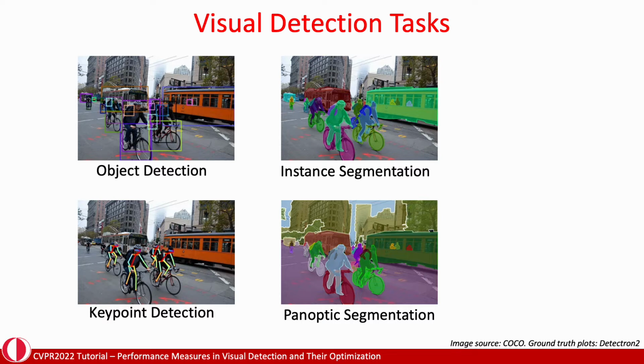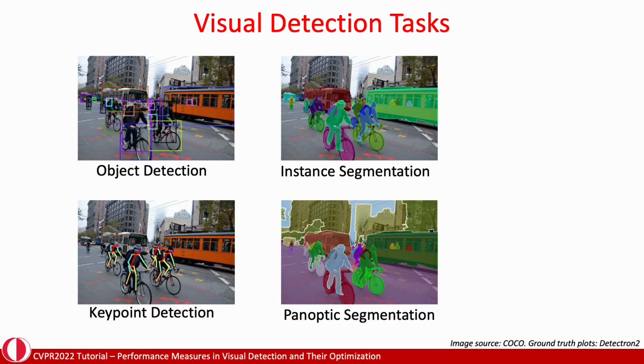Instance segmentation is similar to object detection in the sense that it detects individual instances of objects, but the difference is in the type of spatial support.